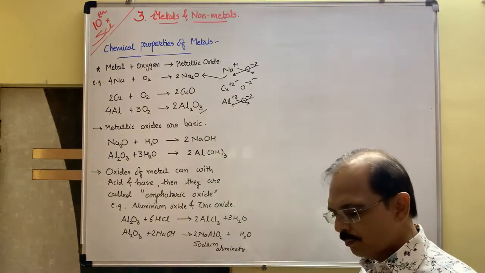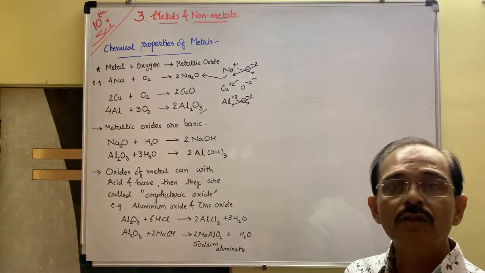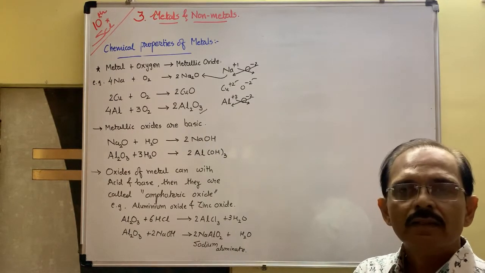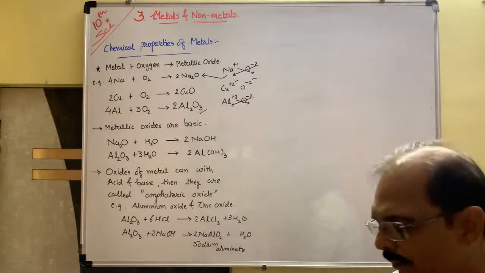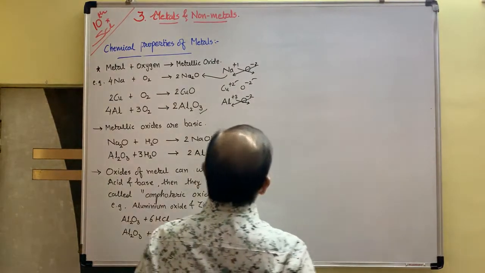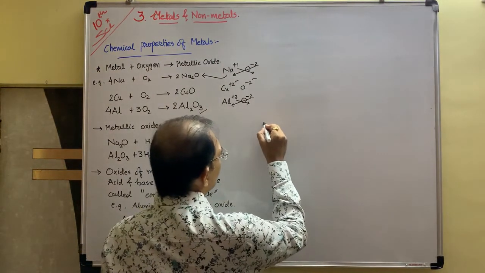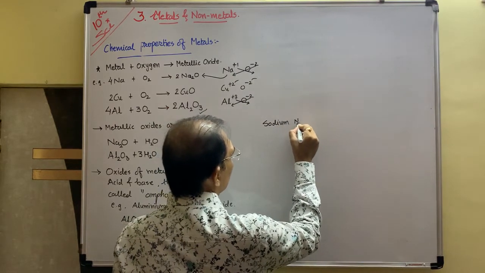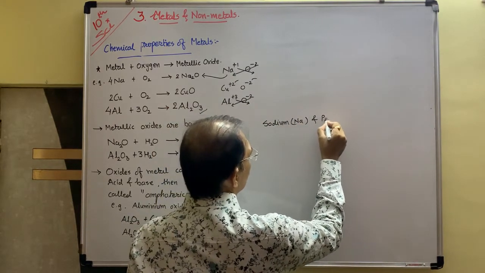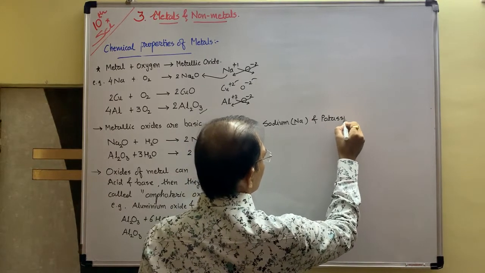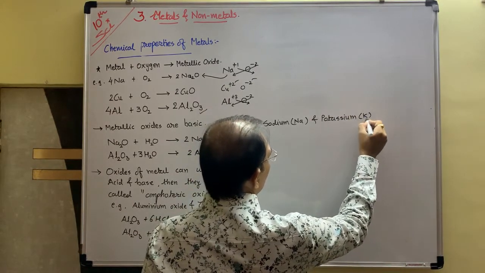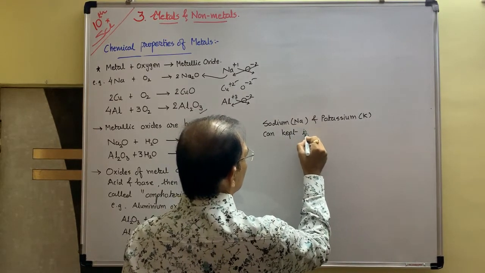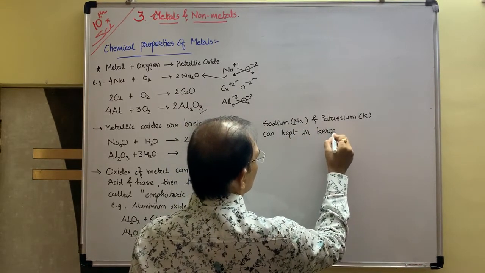So metals such as potassium and sodium react vigorously, means fastly, that they catch fire, and that's why they are kept in kerosene. Sodium, that is Na, and potassium, K, are always kept in kerosene.